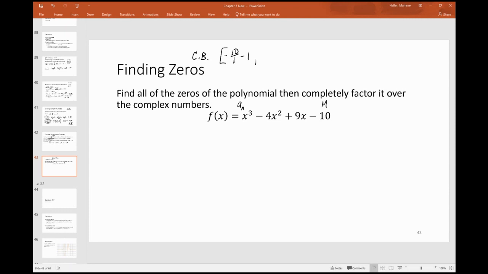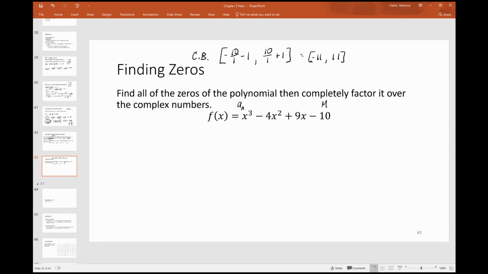And then the upper bound is 10 over 1 plus 1, which of course is negative 11 to positive 11. So we know that the real zeros anyway are going to be in the interval between negative 11 and positive 11.